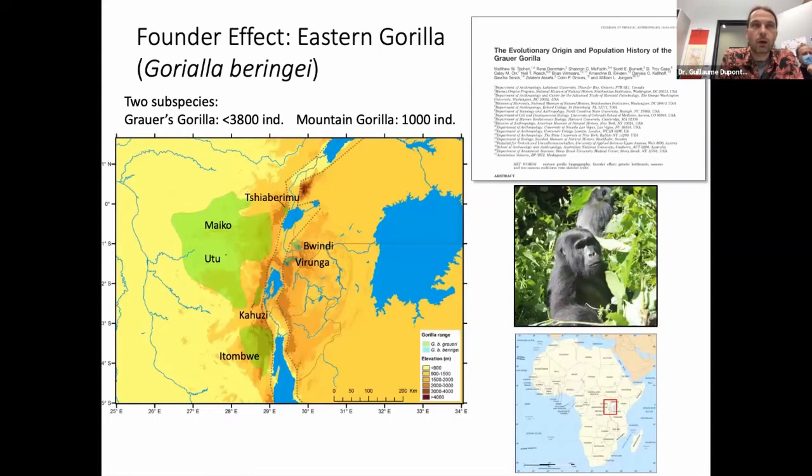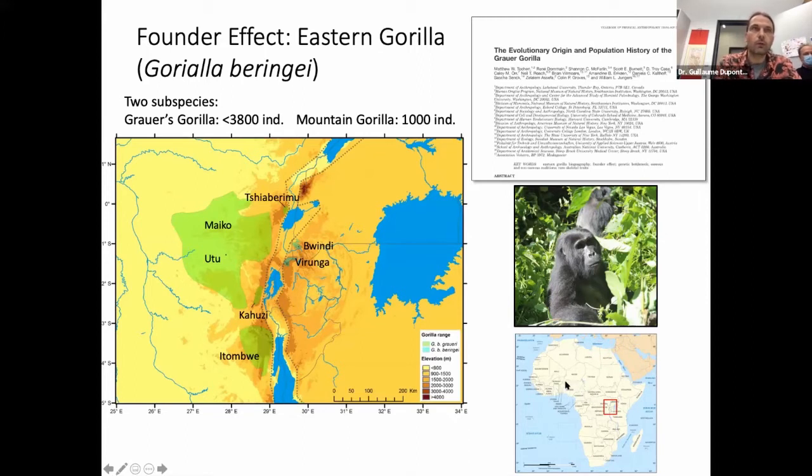I'll now show you that a similar effect happened with Eastern gorillas. I was involved in a study we published a couple of years ago where we compared all available skeletal material from the Eastern gorilla. The Eastern gorilla is a species which occurs in East Africa, in the border region between Uganda and Congo. We have a second species of gorilla, the lowland gorilla, which occurs in this part.